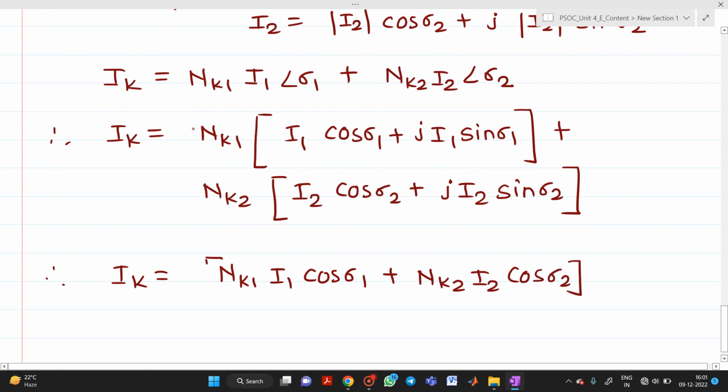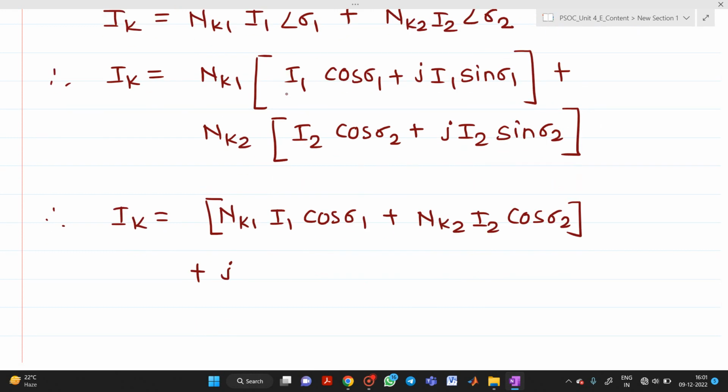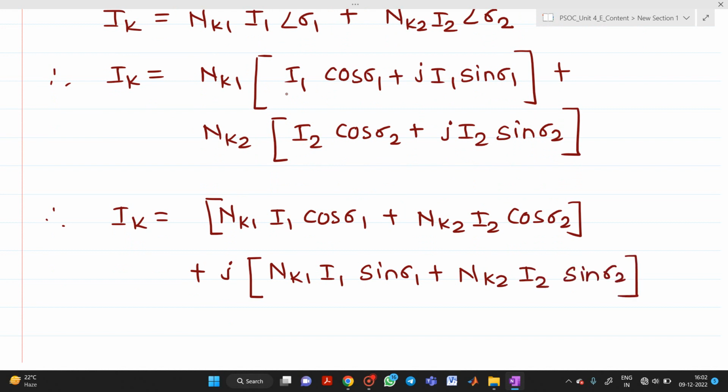Here I have made one bracket in which all real terms have been taken, and the imaginary term will be nk1 into I1 into sine sigma 1 plus nk2 into I2 into sine sigma 2. Now I'll draw a diagram here again.